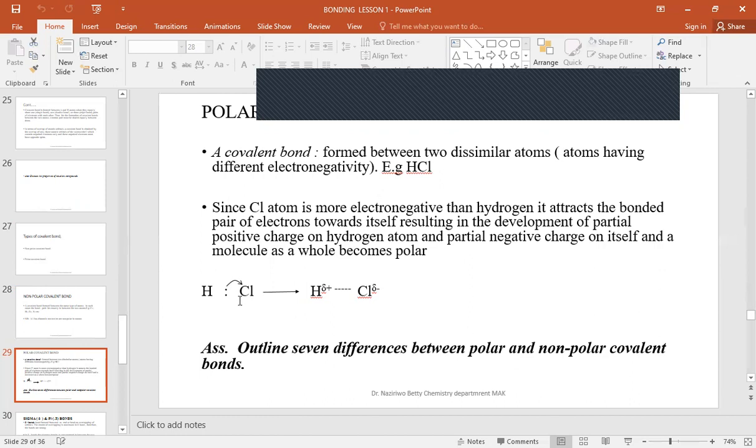An electronegative element has a tendency of attracting or accepting electrons. It will create a partial positive charge on hydrogen and a partial negative charge on chlorine because of the excess electron pulled. As an assignment, outline 7 differences between polar and non-polar covalent compounds.